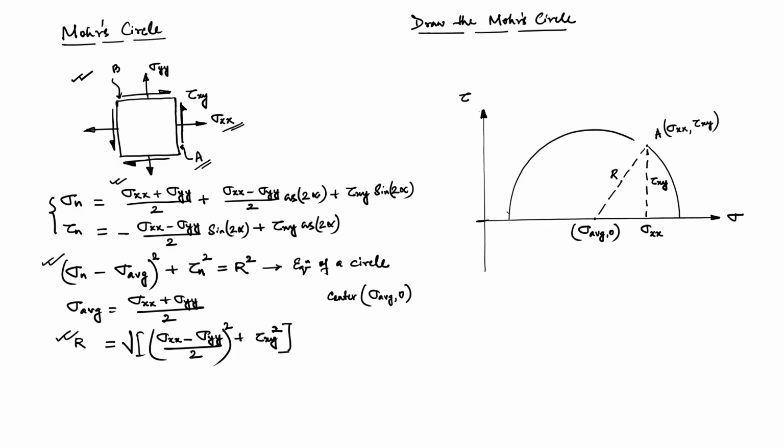So, we have the circle drawn where the point A is marked, and we can draw the complete circle. So, let us complete the circle.